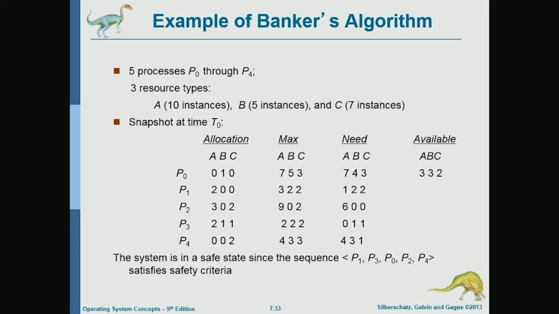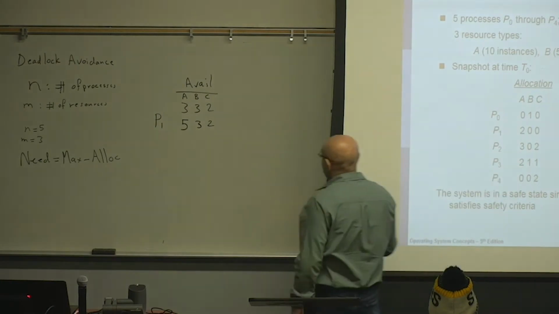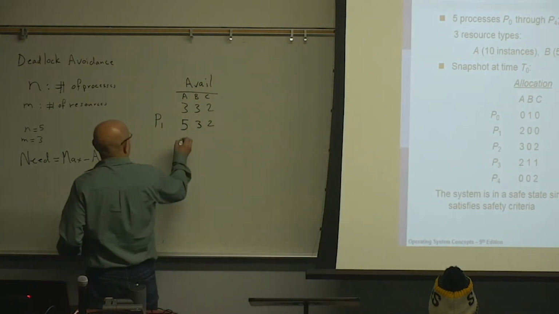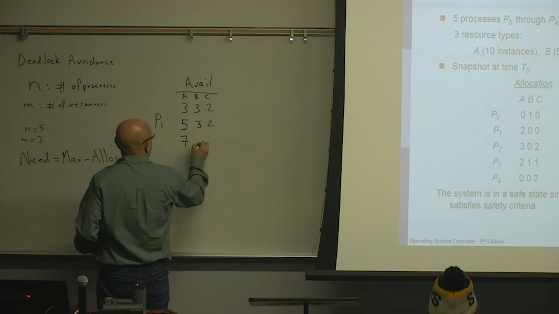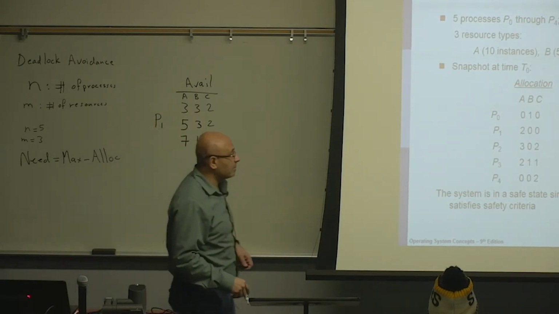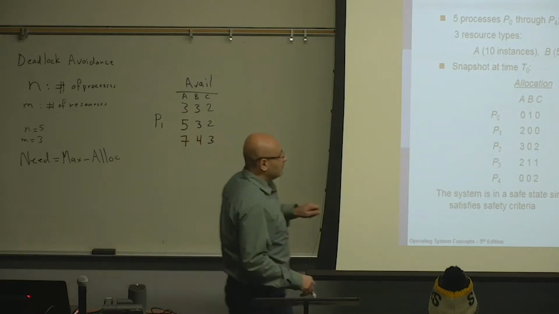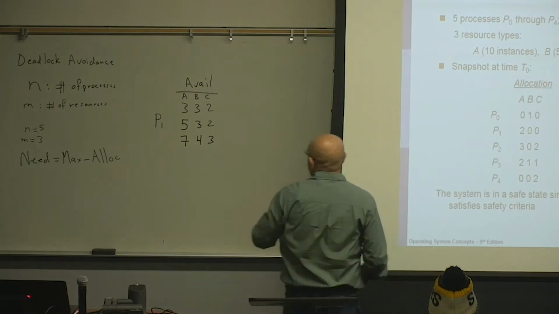And when P3 executes, it's going to get these and then release them. And then it's going to release these as well. So after P3 is done, we will add this to available. So we'll add 211 to available. That will give us 743. 743 came from adding 211.